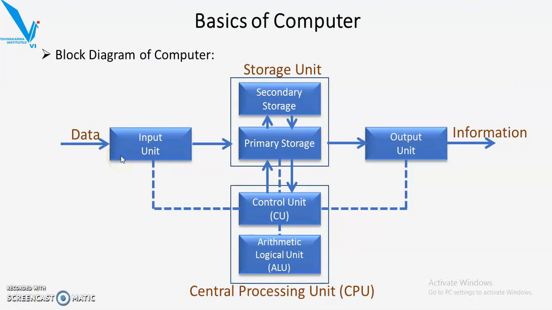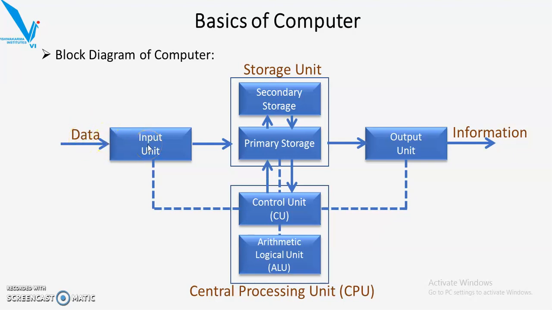Now we will see the block diagram of computer. Computer is mainly consist of input unit, output unit, storage unit, and central processing unit. As we discussed earlier, that computer accept input which is also called as data.